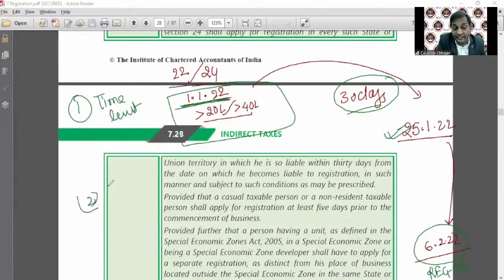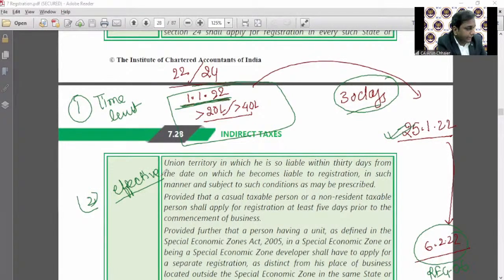Second point, I need to explain what is the effective date of registration. What is the effective date of the registration?